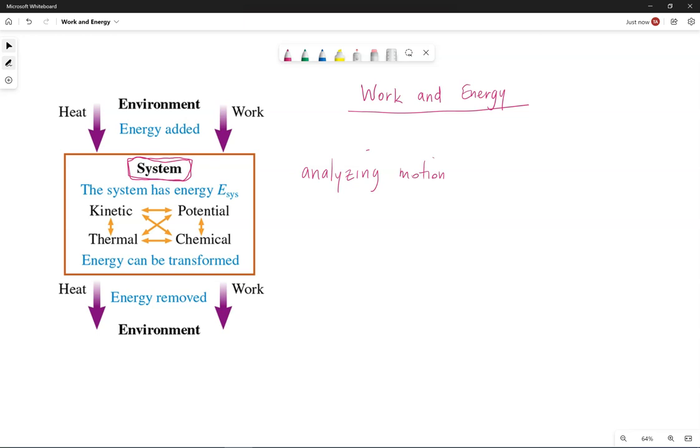Our system is the object or combination of objects that we are going to be looking at. We talk about the system having a total amount of energy, capital E for the energy, and then SYS as the subscript to represent the system's energy.